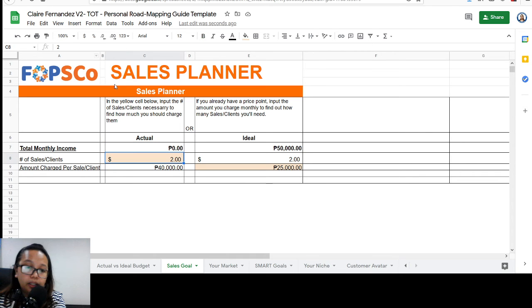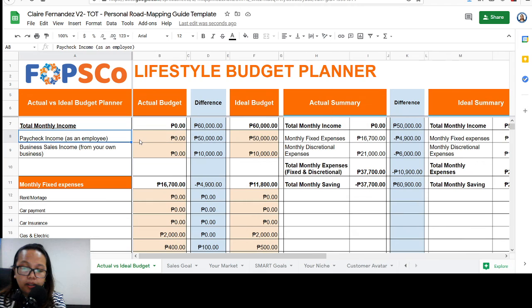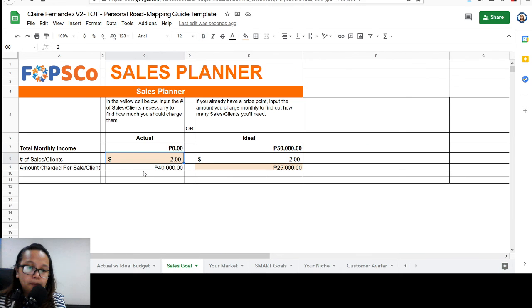But in our case here, because the last time it was still 0 here for the monthly income, we can also put 0 here for our sales goals. So I'll just make this one 0 first. But let's go to our ideal. For the ideal, we've got 2 clients, then 25,000 per client.